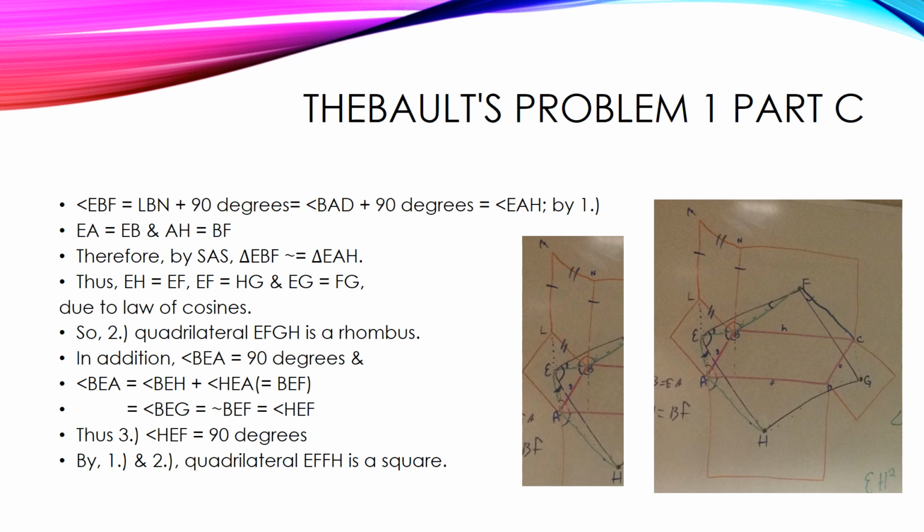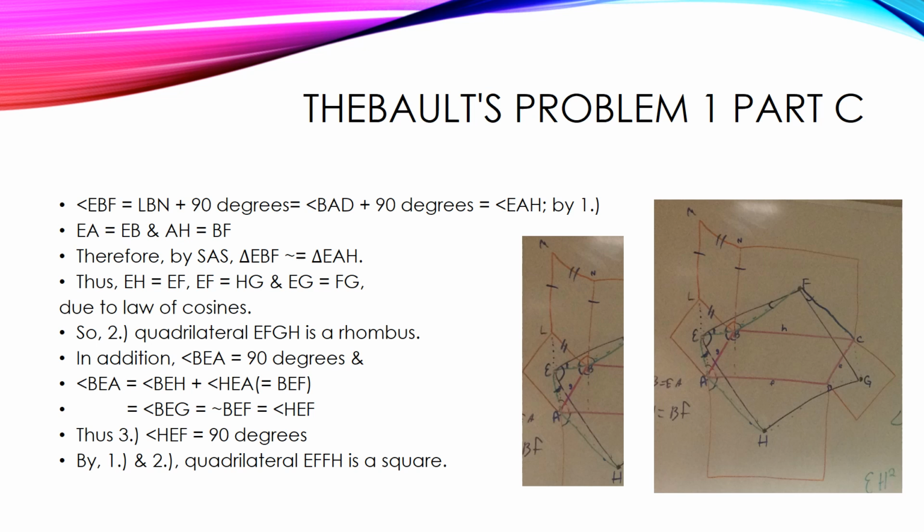In addition, we can also say that angle BEA is 90 degrees and angle BEA is equal to angle BEH plus HEA. Or with basic substitution, we can substitute it in for angle BEF. And so we get angle BEA is equal to angle BEG, which is also equal to angle BEF equals angle HEF.